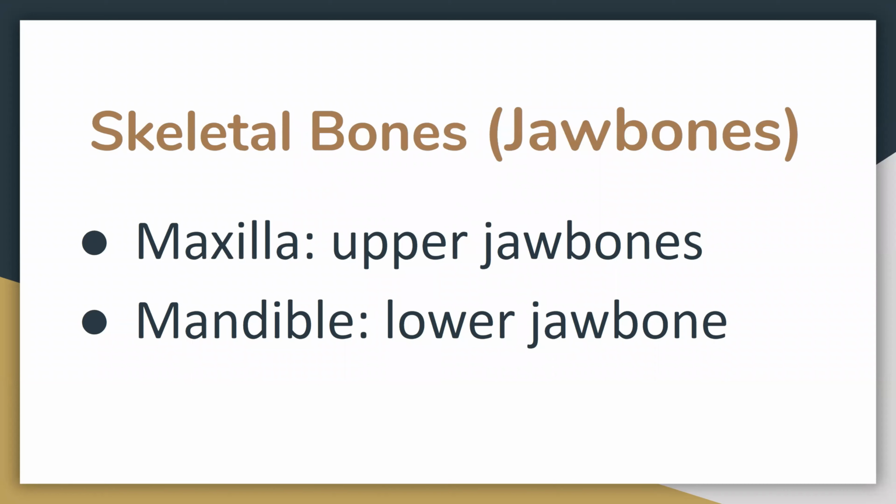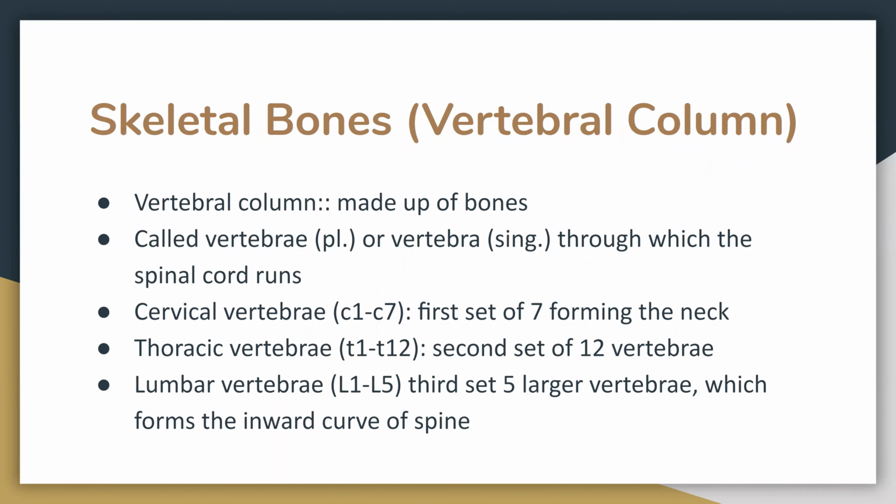Now, the jawbones are maxilla and mandible. So maxilla is the upper jawbone and mandible, the lower jawbone. The vertebral column is also made up of bones, and those are what the spinal cord runs through. So it protects the spinal cord, very important. So you have the cervical vertebrae, which is the first set of 7 forming the neck.